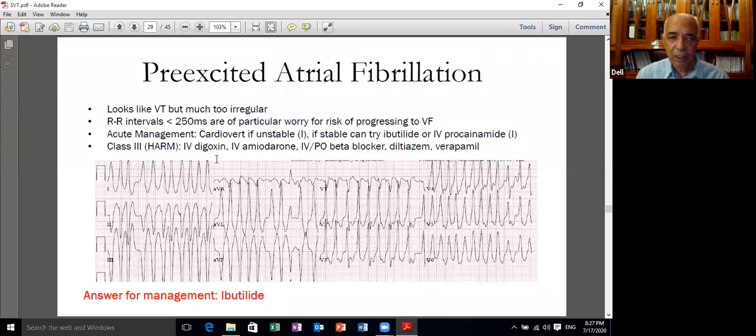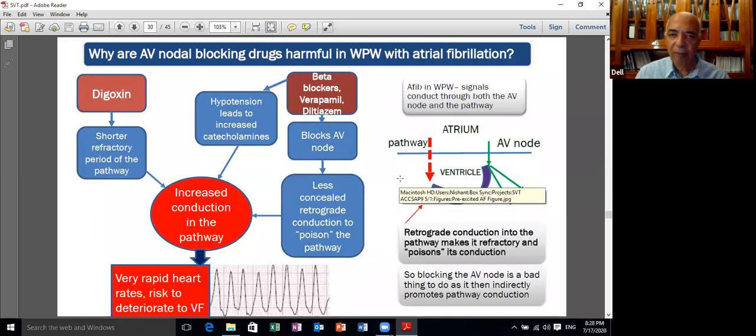Don't use IV digoxin, don't use IV amiodarone, because these two drugs will facilitate the conduction through the accessory pathway, since they shorten the refractory period of the accessory pathway. And don't use beta blockers, diltiazem and verapamil, because they block the AV node, and hence all the impulses coming from the atrium in atrial fibrillation will be forced through the accessory pathway and produce ventricular fibrillation.